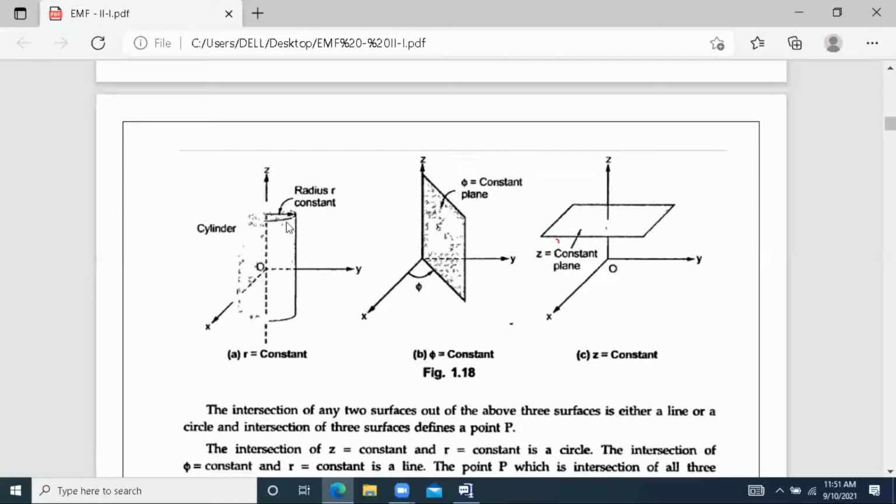And if you take the top here, Z would be normal to that.